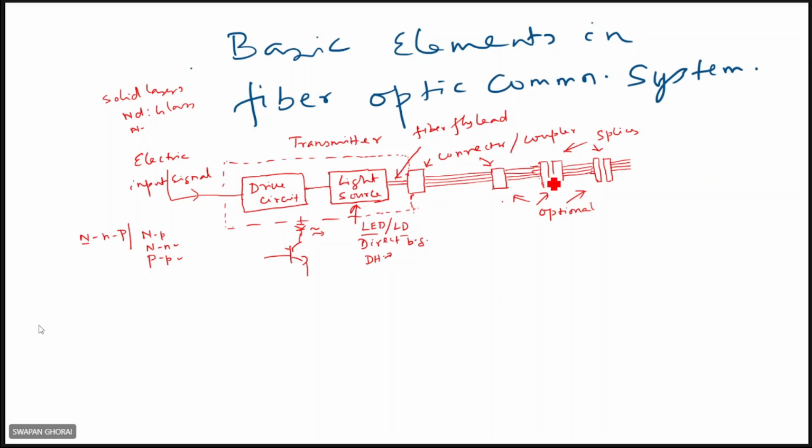When you want to join fibers together permanently, that time splices are used. It can be one fiber or a group of fibers. Connectors are the demountable device; you can connect or disconnect as per your requirement.